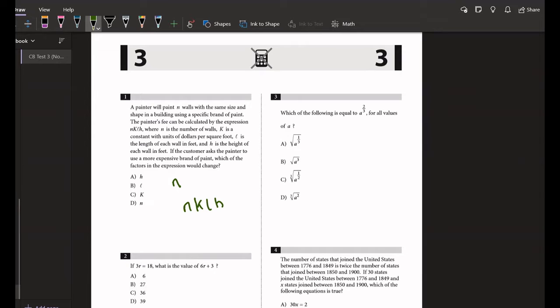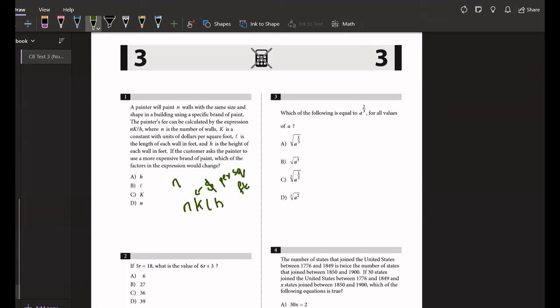K is a constant with units of dollars per square feet. L is the length of each wall and H is the height of each wall. So length times height gives you the area of the wall. K times area will give you the total dollar amount, and N is the number of walls that, when you multiply, will give you the total cost of the paint job.